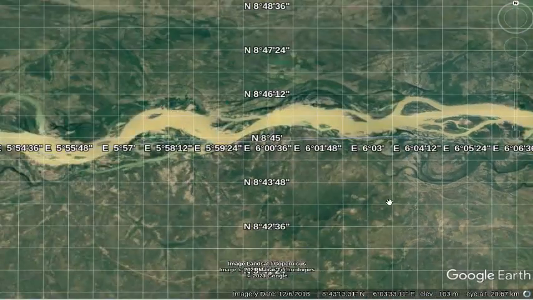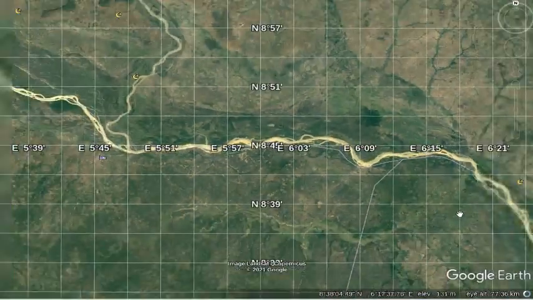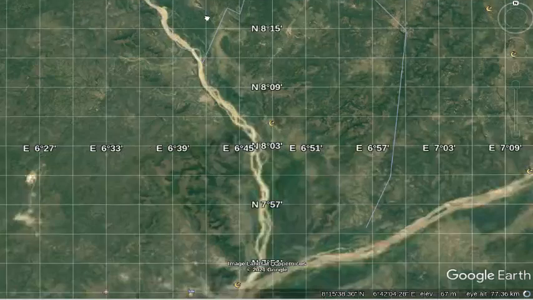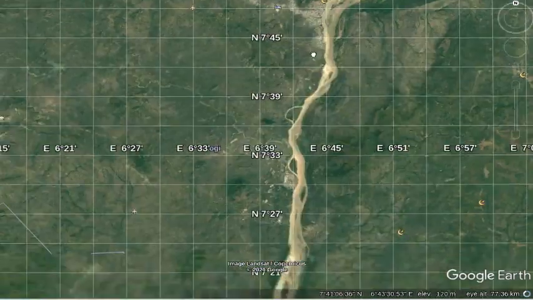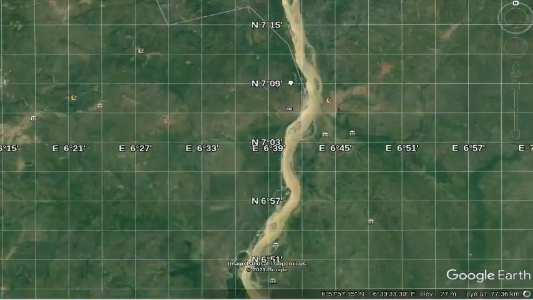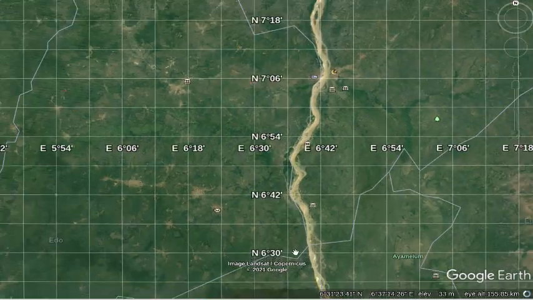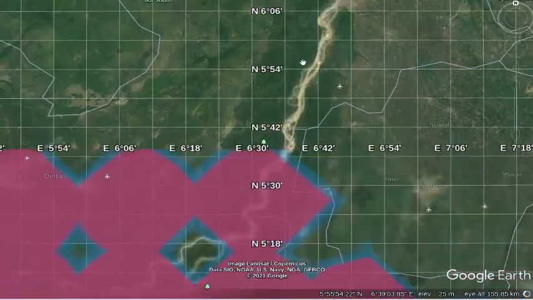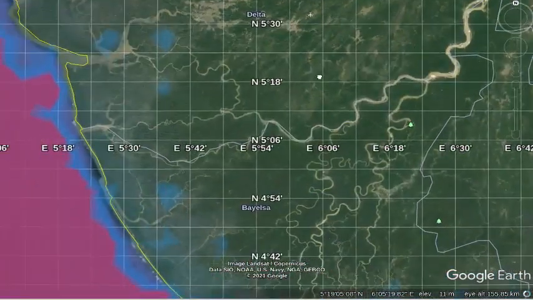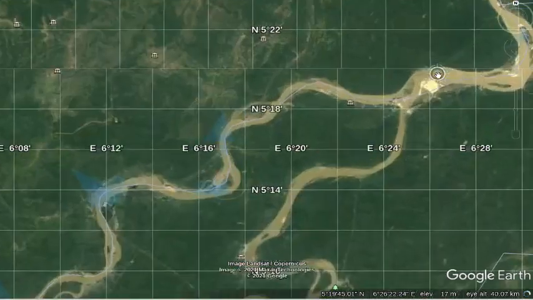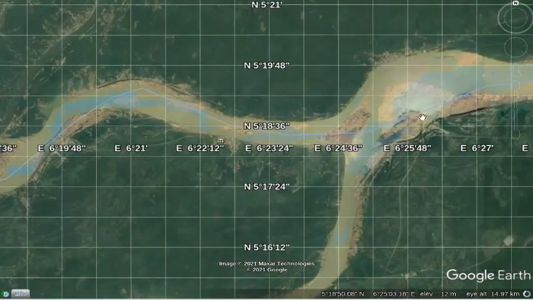And as we look at the Niger Delta, we see that there are many different sizes of waterways based on how stable the shores were and how much water had taken that path. Now, as the amount of water goes up, the river will get wider.